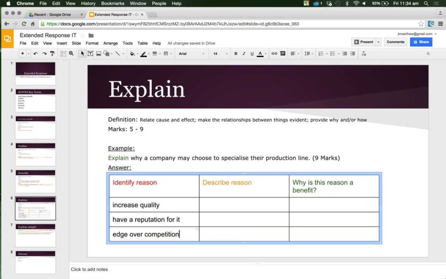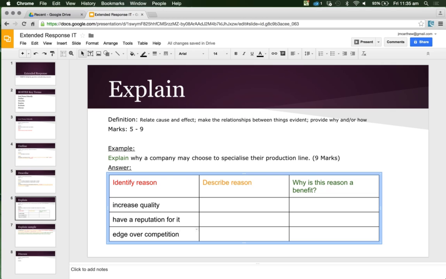Can anyone think of any other reasons? Now, I'm not sure, Tim, the guys, have you done specialisation yet? You have? You sort of went, not really, maybe. That's a worry. Is that a yes or a no? You think you have?